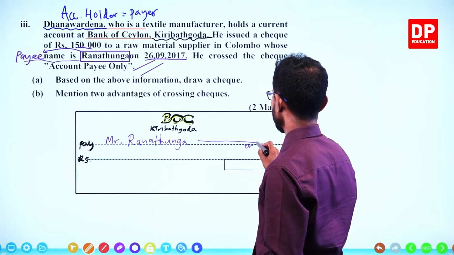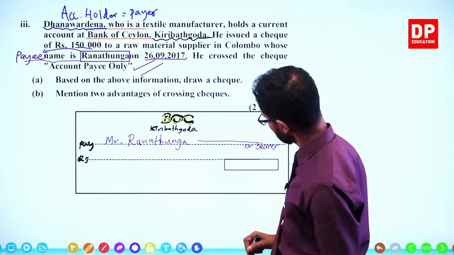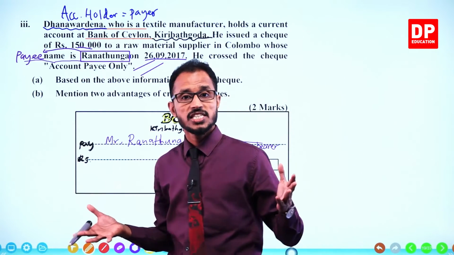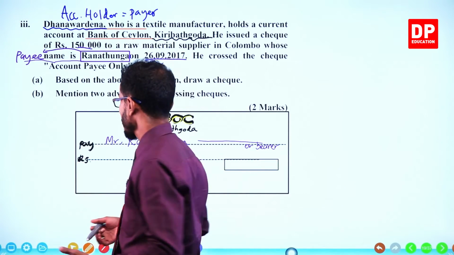Here there is a printed word, 'or bearer'. It's printed on the check. In every single check, this is printed. Then rupees.